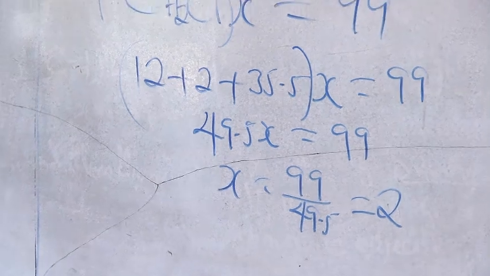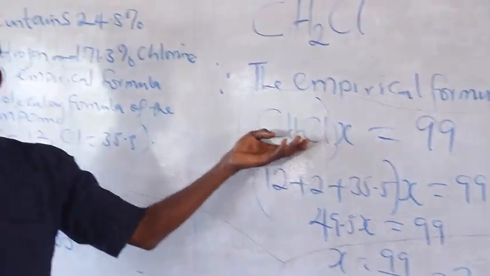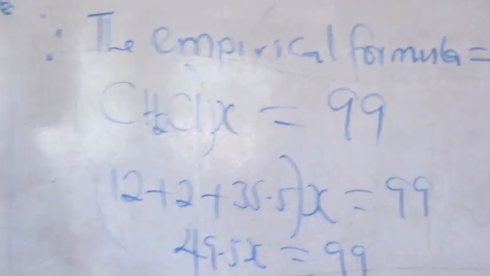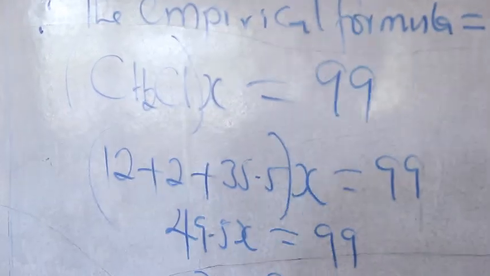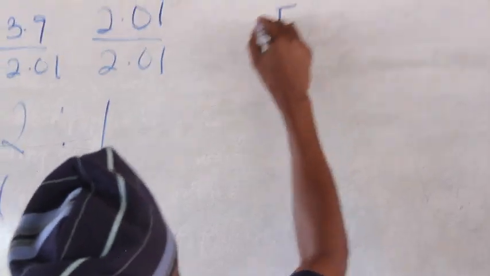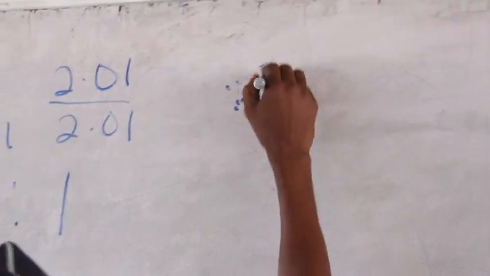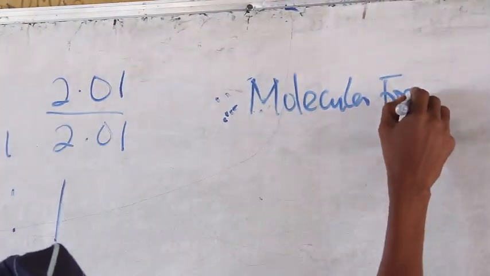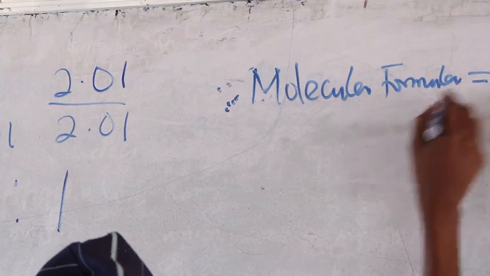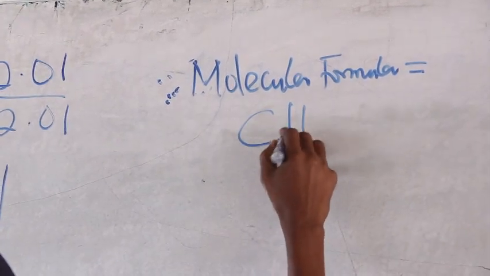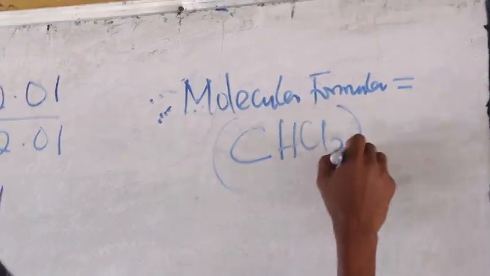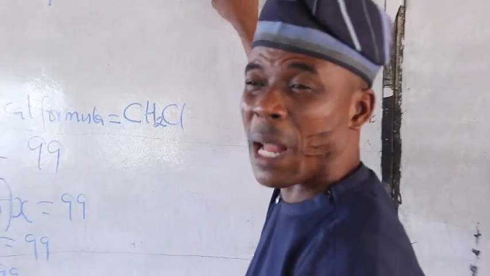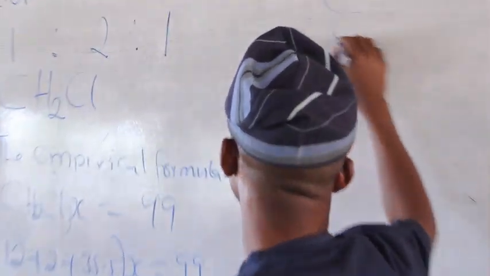Then to get the molecular formula, that means we come to this empirical formula here and multiply by what? 2. Therefore, the molecular formula is equal to CH2Cl times 2. Then each of the atoms in the bracket should be multiplied by 2.